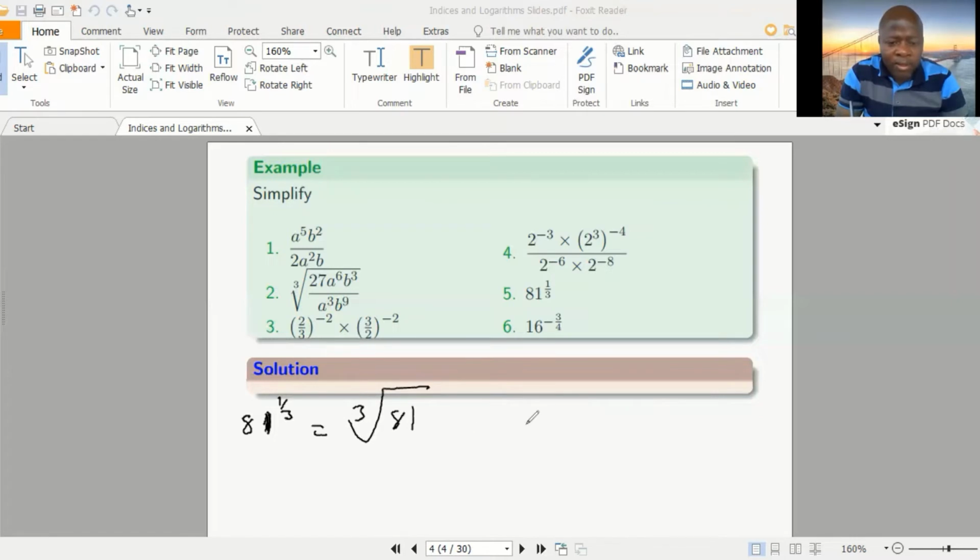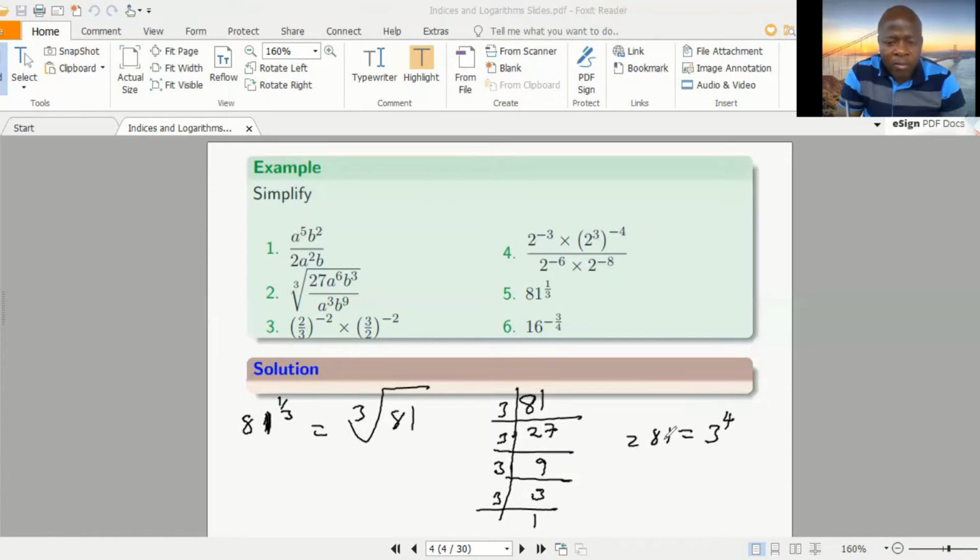Now, let me see. I can write 81 as a product of its prime factors. So 81, I know that 3 goes into it 27 times, and that 3 will go into 27 9 times, and that 3 will go into 9 3 times, and 3 will go into itself 1 time. That means that 81 is the same as 3 raised to 4.